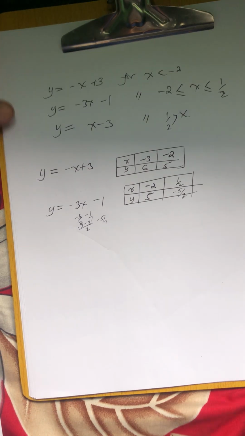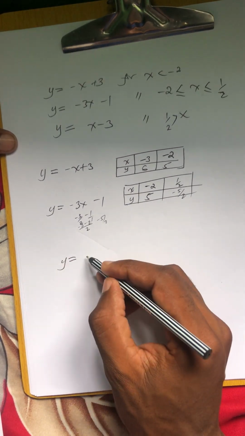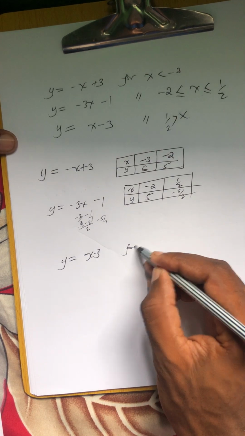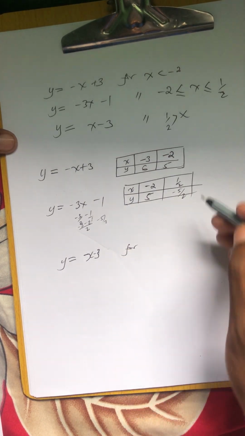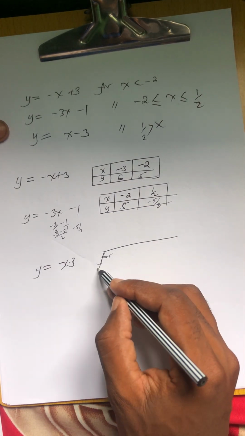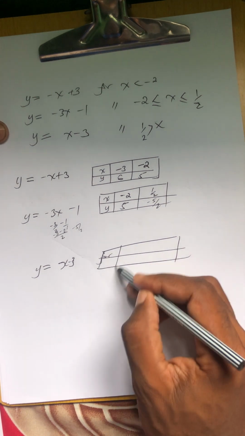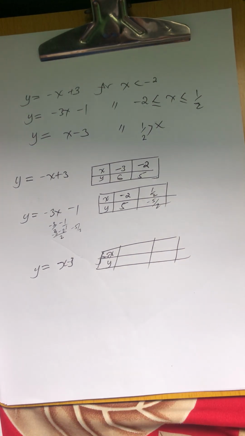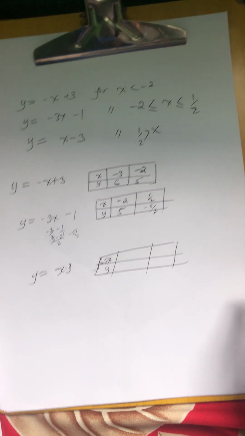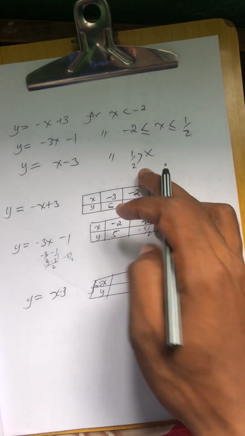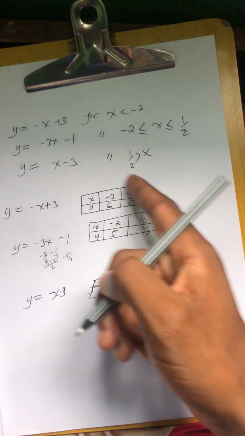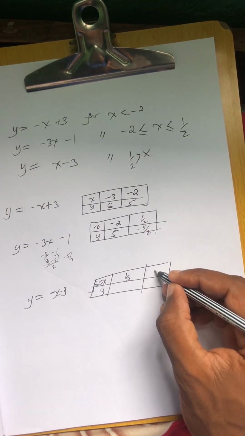Okay. Then y is equal to x minus 3 for the region where x is greater than half. So we have that x, y, like that. Then we include at least one breakpoint. Since we have only one breakpoint, we include it as half, and any number which is greater than half, which is 1.